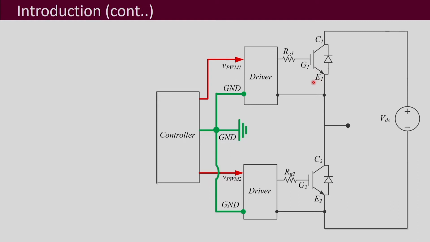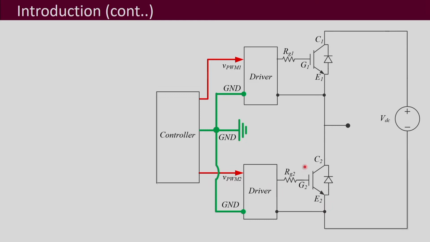So, the emitter has to be the reference with respect to which the voltage is applied on the gate terminal. Now we have to understand how the voltages of this emitter point E1 and this emitter point E2 change or do not change.